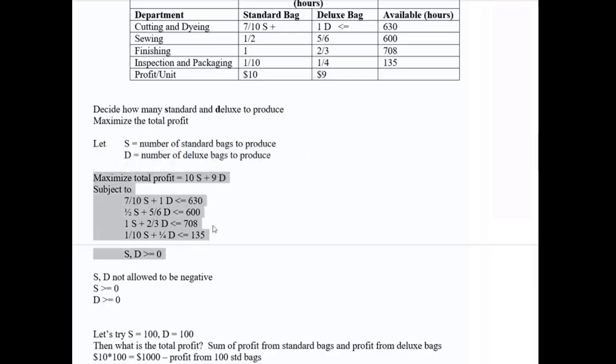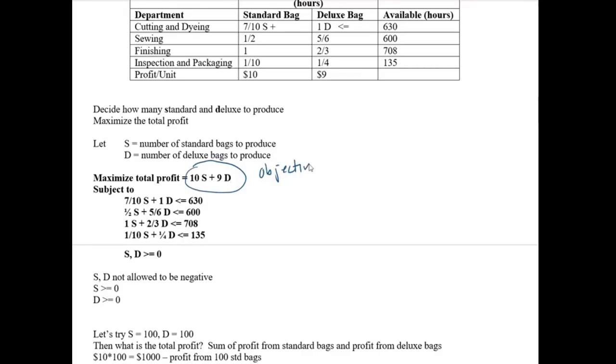This is a very special thing because it's our first linear programming model that we created. Let's talk about the components of this linear programming model. What do we call this part? This part is called the objective function.